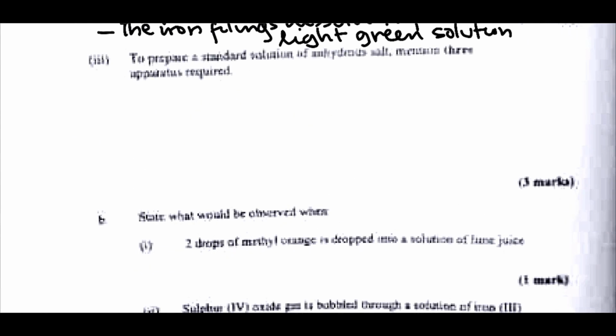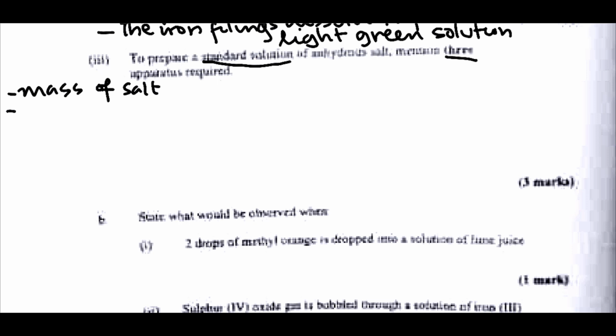Now, to prepare a standard solution of anhydrous salt, mention 3 apparatus required. 3 apparatus. A standard solution. What's the standard solution? A solution of known concentration. And to prepare a standard solution, you must know the mass of the salt.